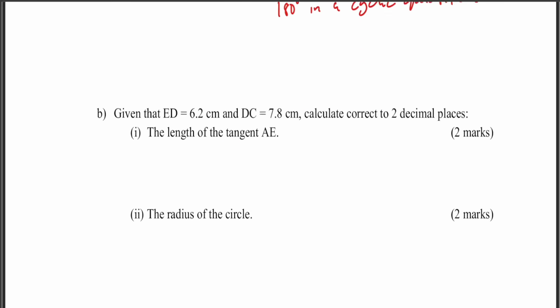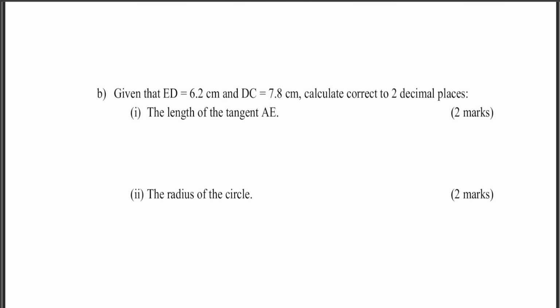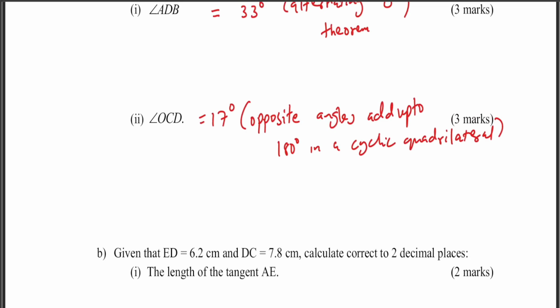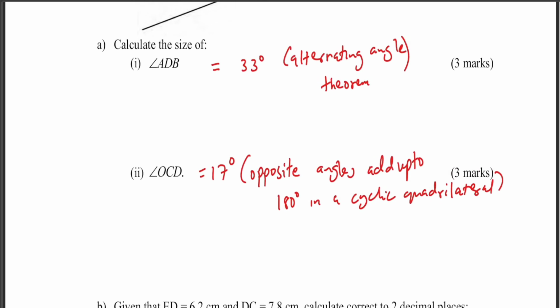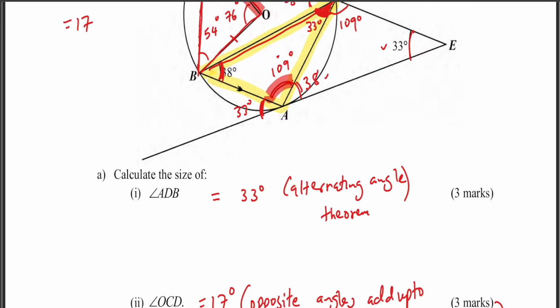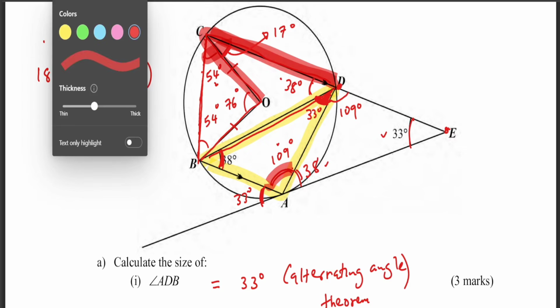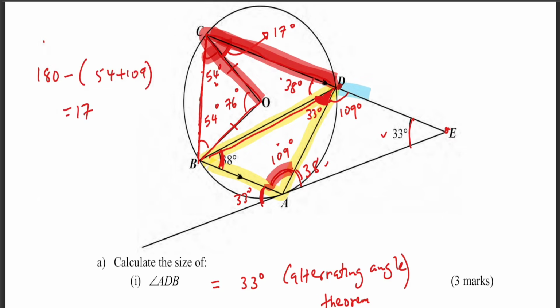Now question B: given that AD equal to 6.2 centimeters and DC is equal to 7.8 centimeters, calculate, correct to 2 decimal places, the length of tangent AE. But let's find out where our ED and DC are. So we have 6.2 and 7.8. ED is from here to here, so let me use another marker and shade it.